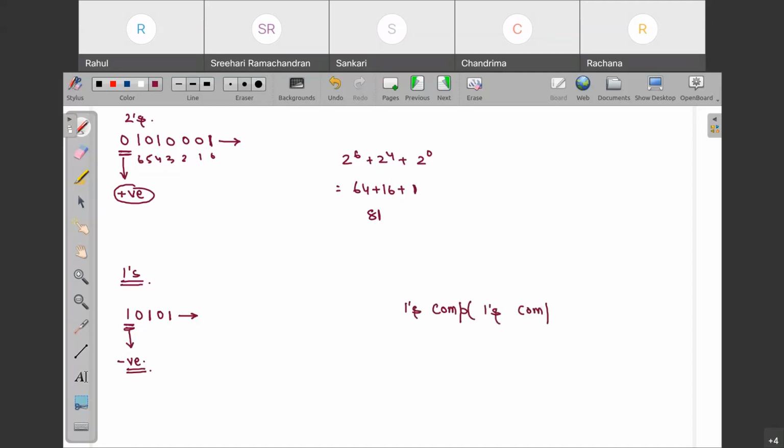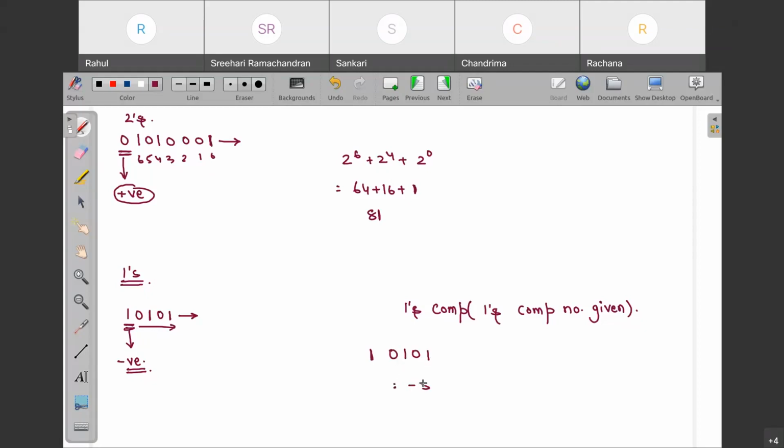Then you will get your original number. So if I do 1's complement once again, keep the sign bit intact, and the rest of the magnitude bits you need to complement bit by bit. So this will be 0 1 0 1. So this is your 5.